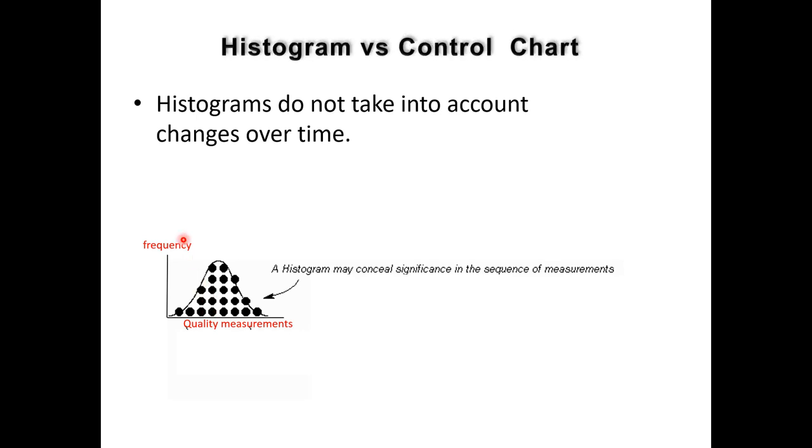Now, just now we have looked at the histogram. A histogram basically tells you the distribution of your data set, whether it is normally or not normally distributed. And we have also talked about the control chart very briefly, on how a control chart can give you more information on the distribution of your quality characteristic data.